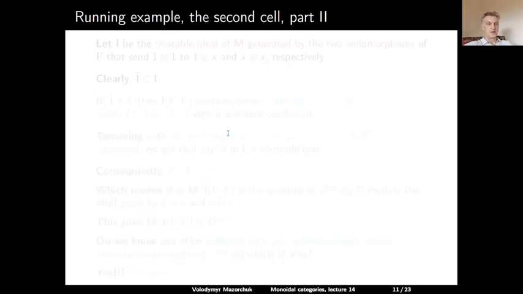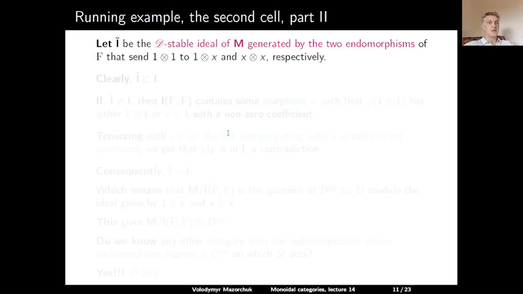Let us prove this. So let us denote by I tilde the D-stable ideal of M, which is generated by the two endomorphisms of F that send 1 tensor 1 to 1 tensor X and X tensor X, respectively.